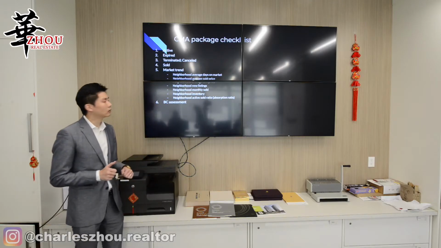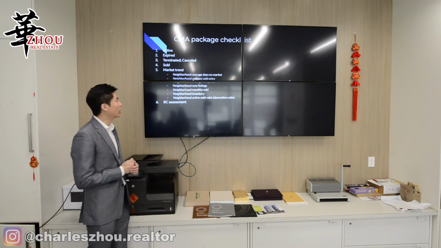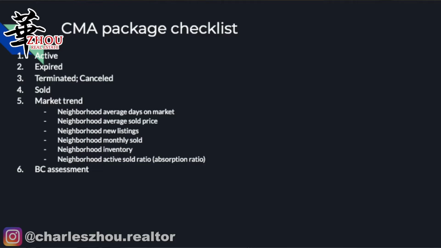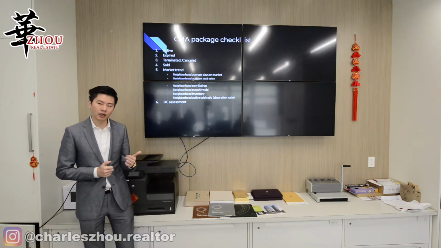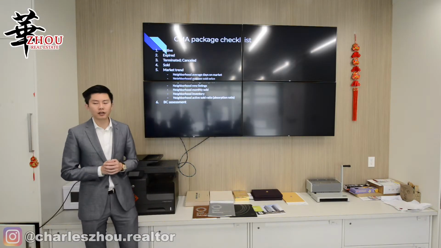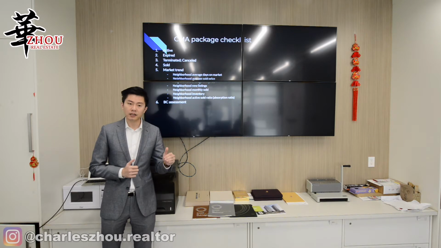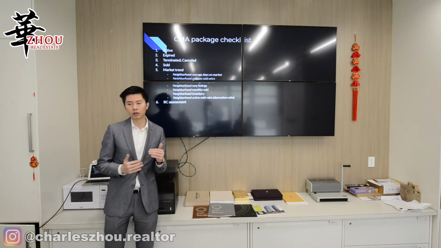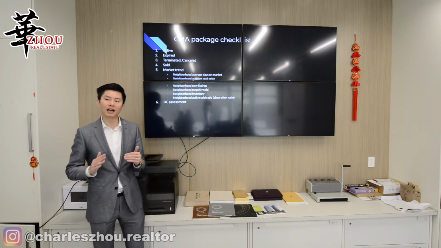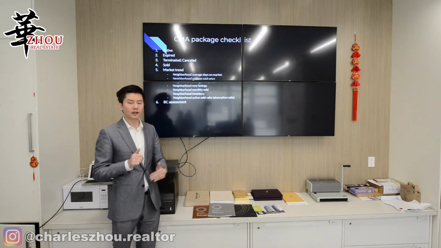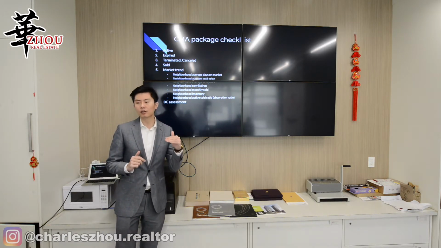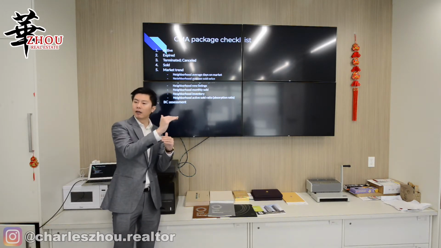You have to find out how much was sold compared to other properties. And also market trend is very important, because market trend is telling you whether the next sold is going to be higher or lower. If the market trend goes upwards, and this one sold for 1 million, you know the next one's probably going to sell higher.